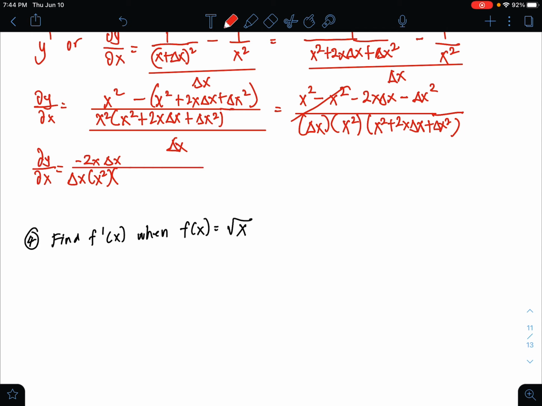So, x squared plus 2x delta x plus delta x squared. Kani, i-separate man nato, di ba? So, separate na siya. Same lang sila og denominator.